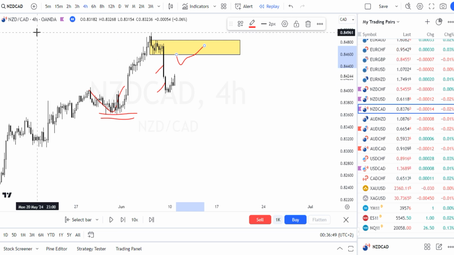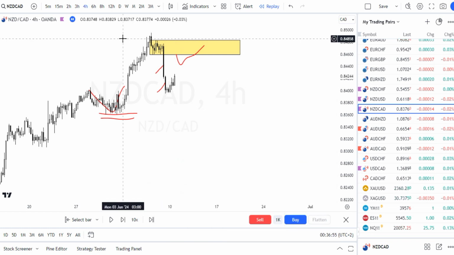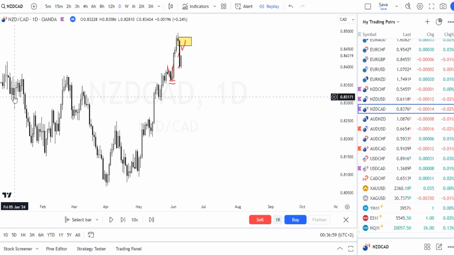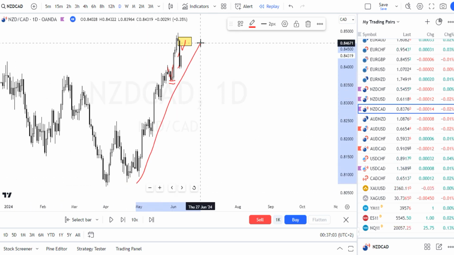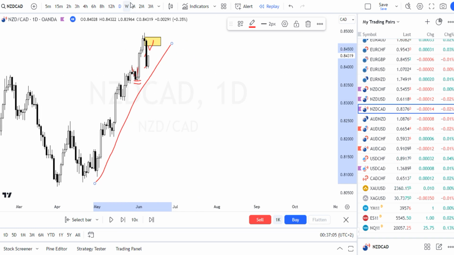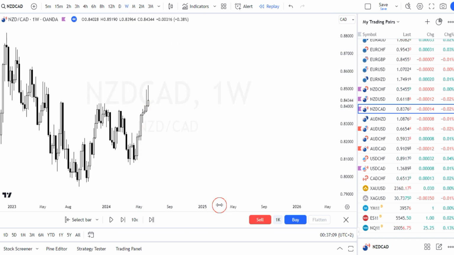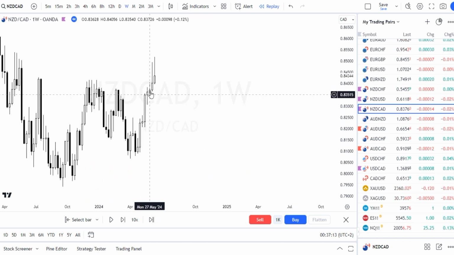But on the other hand, if I go to the daily chart, we can see that the market is clearly trending up. And also on the weekly chart, the market is clearly trending up. There is no sign that the market might fall.